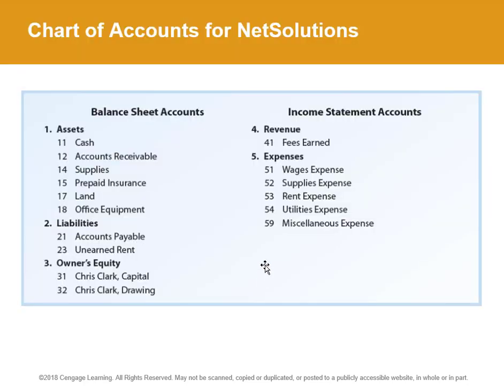Now here's the chart of accounts for Net Solutions, and there are a few things to notice. Depending on the major classification of the account, like assets, all the assets have a first digit of 1. For liabilities, the first digit is a 2. Equity accounts begin with 3, revenue 4, expenses 5.